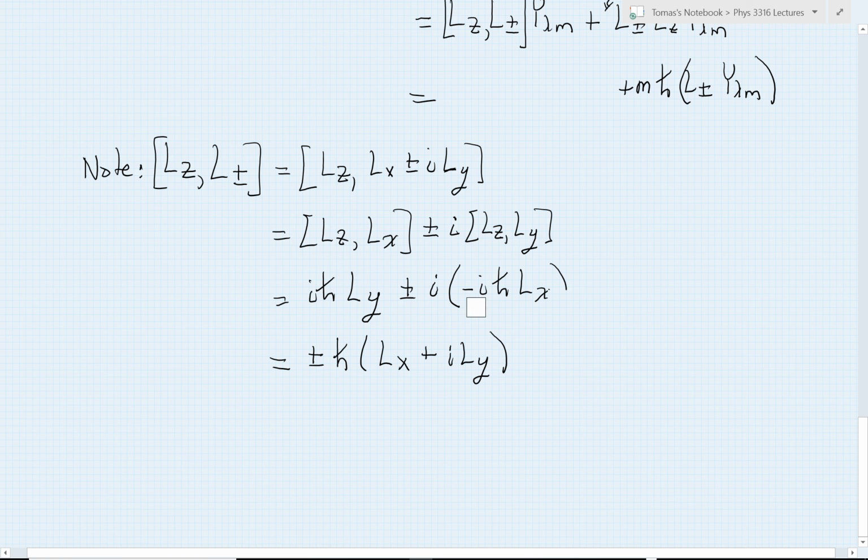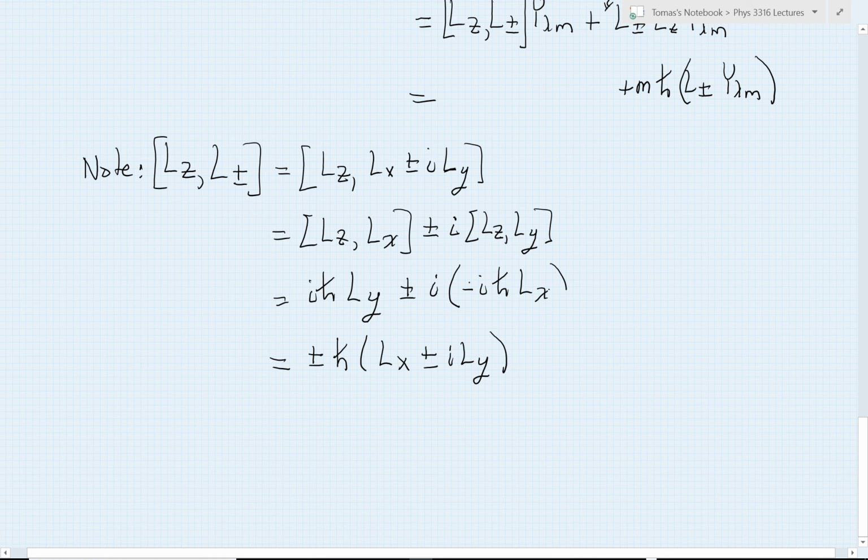For the lower choice of signs, I would have had a minus ħ pulled out, but this term has to come in as a plus iħ Ly under either circumstance. So this minus had better be hitting a minus i Ly. So I end up with a net minus ħ times minus i Ly, which would be plus iħ Ly. This term then exactly reproduces the original term.